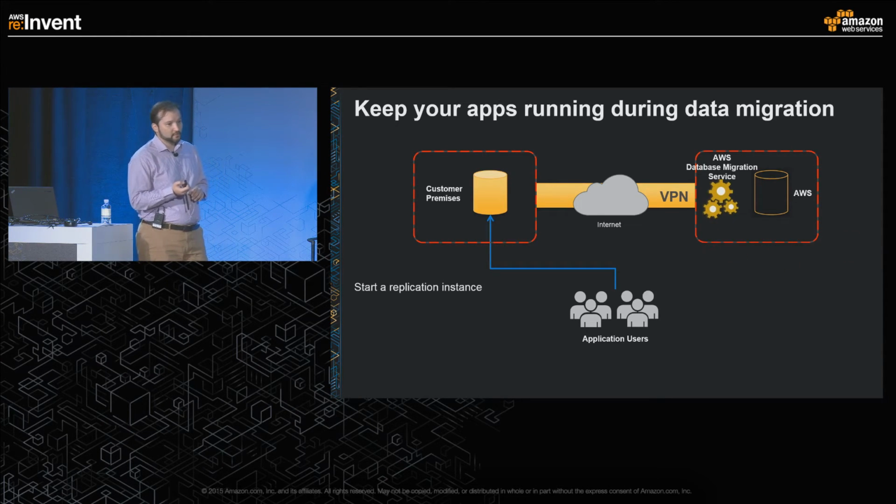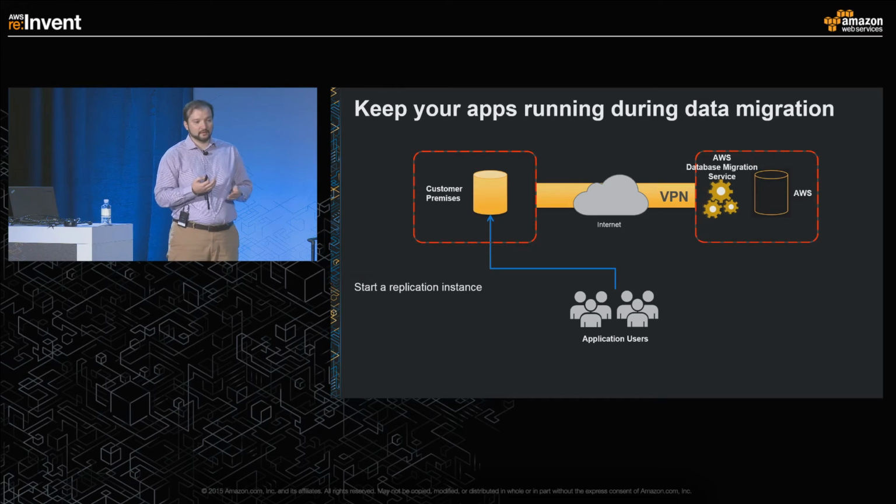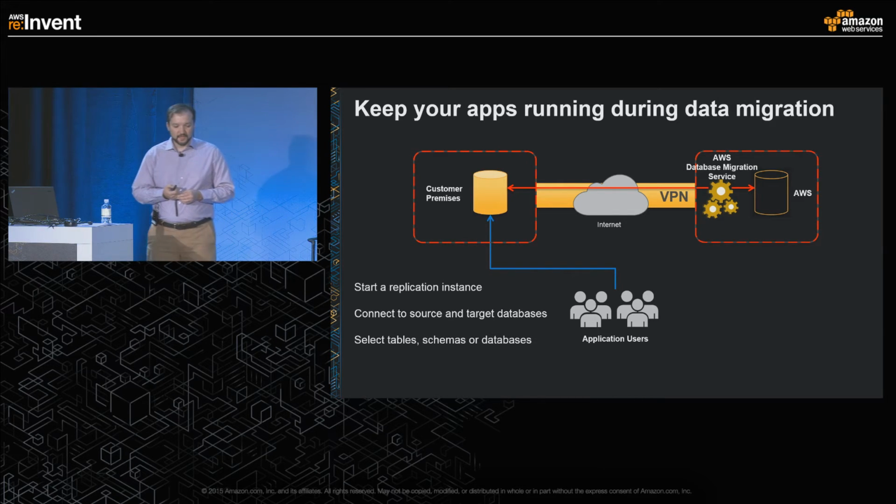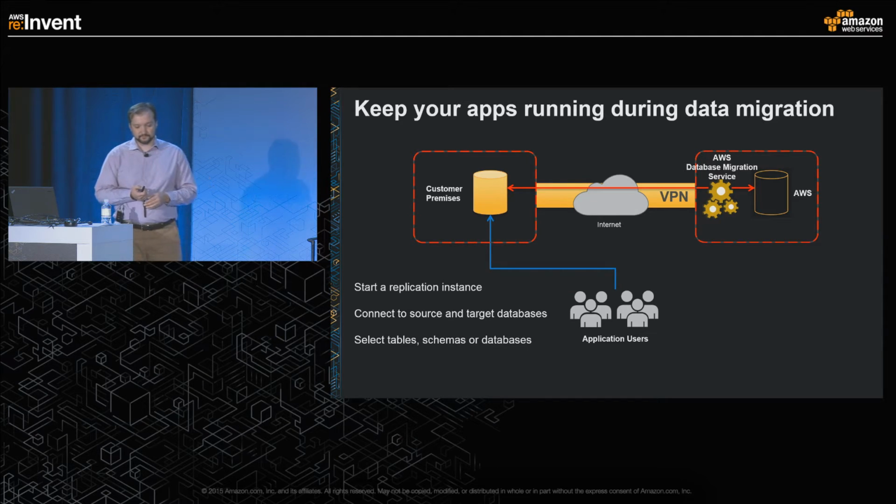And the first step I'm going to do is create a replication instance in Amazon using the AWS Database Migration Service. So this instance is going to start pumping data after I connect to my source and target database, obviously, and select the tables and databases I would like to migrate.